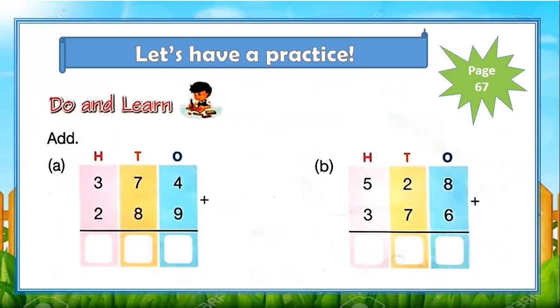So this is on page 67 of your book. So for letter A, this is addition using place value table.